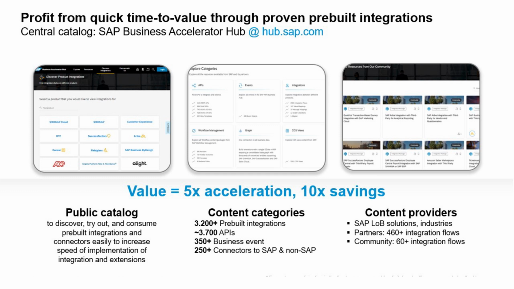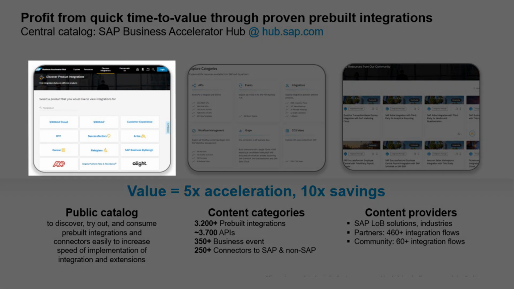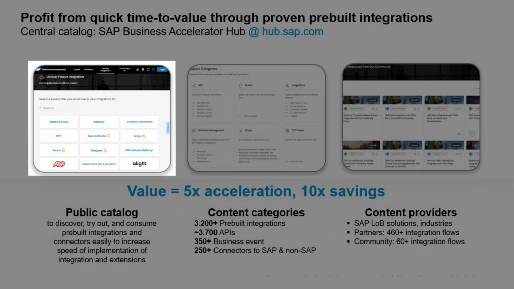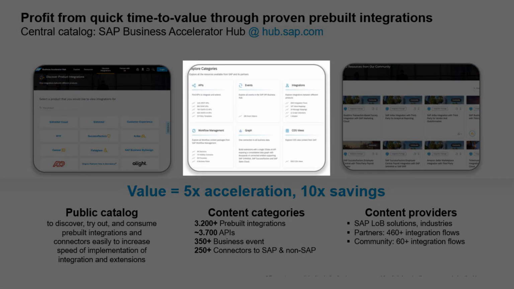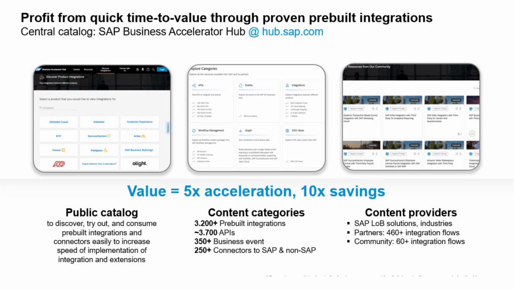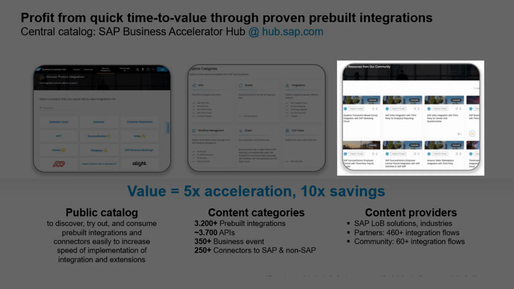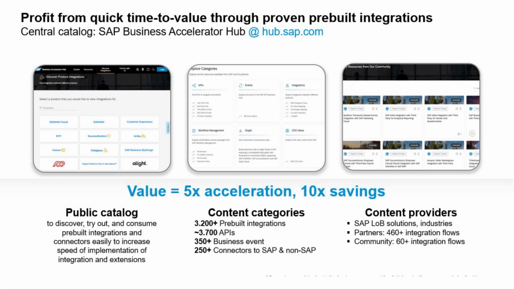Here, you're able to discover content seamlessly to meet all your integration and extension needs, explore different products, categories, business processes, partners, featured APIs, and integrations, uncover integrations not only across SAP products, but also between SAP products and third-party offerings, and make use of workspaces to kickstart your integration development promptly. And you can test APIs in both sandbox environments and against configured systems, including your own SAP S4HANA Cloud tenants.